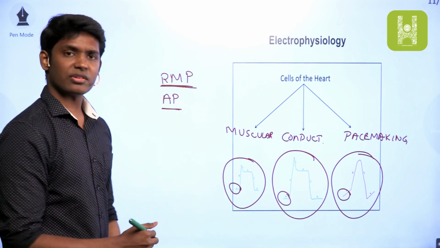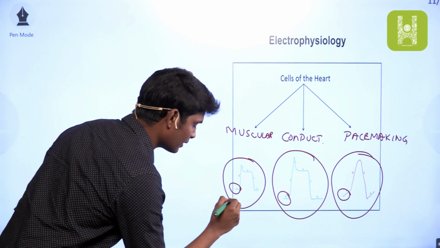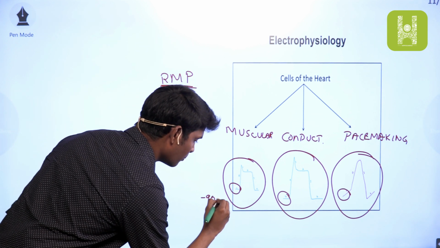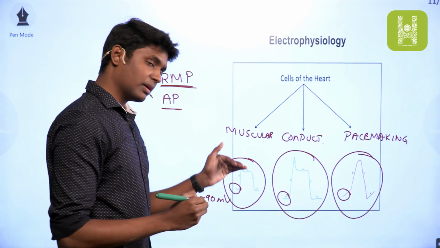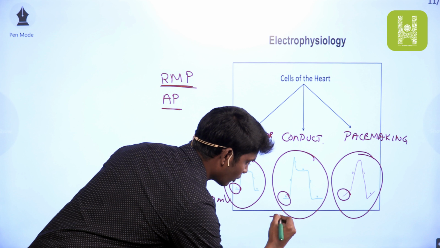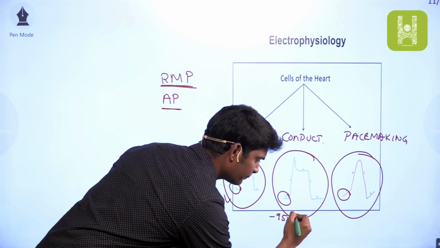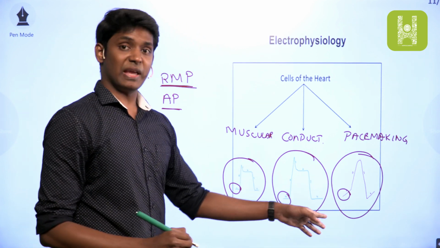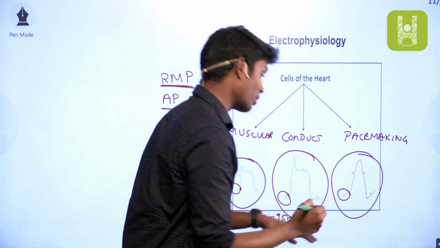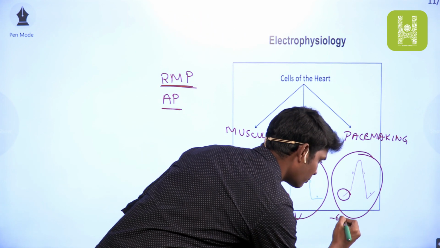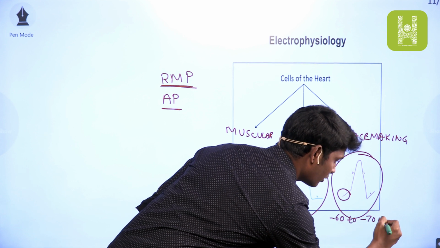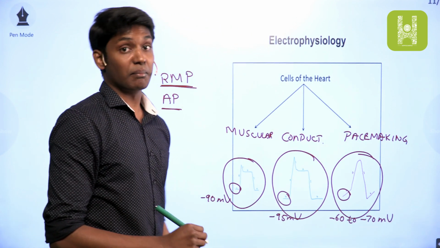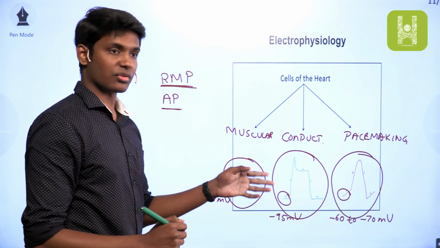The resting membrane potential of a muscle cell is around minus 90 millivolt, whereas the conducting cell is still negative, around minus 95 millivolt, whereas the pacemaking cell is more positive, ranging from minus 60 to minus 70 millivolt. So these are the values which you should always remember.